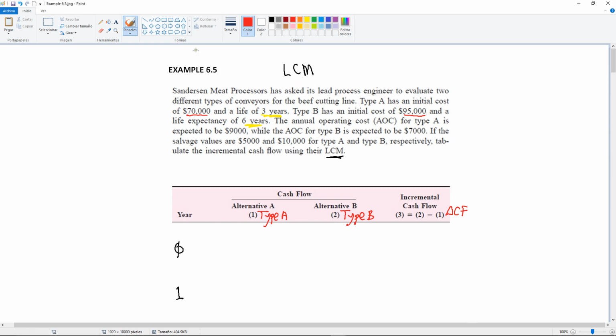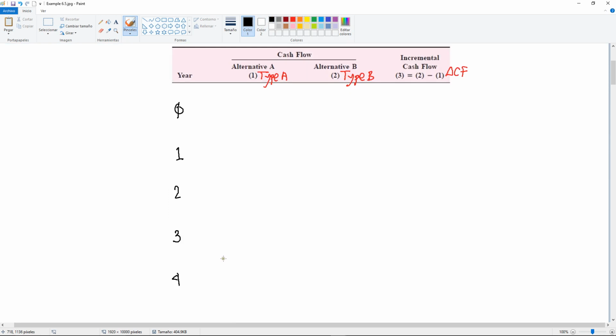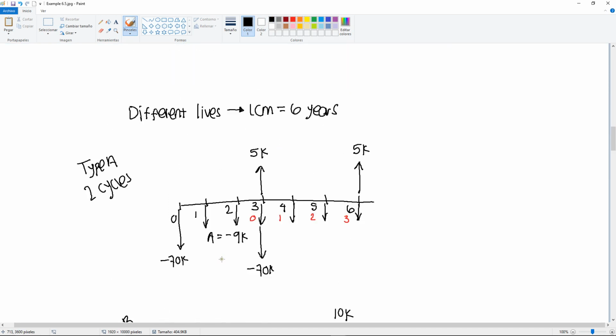Now let me fill out the table. For alternative A, what do we have? In year 0, we only have the minus 70,000. Then years 1 and 2, we have minus 9,000, but year 3, we have 3 things going on: the minus 9,000, the minus 70,000, and then 5,000 going up.